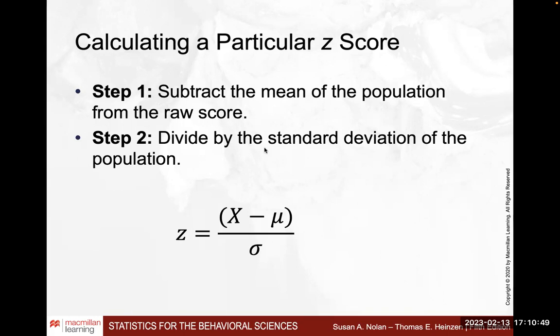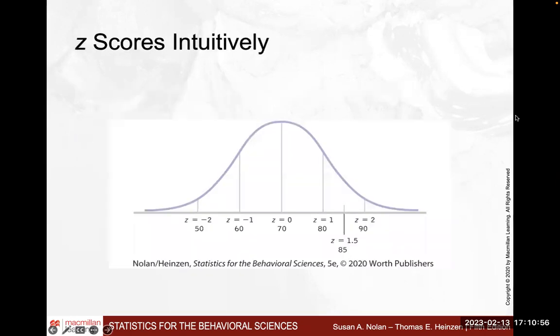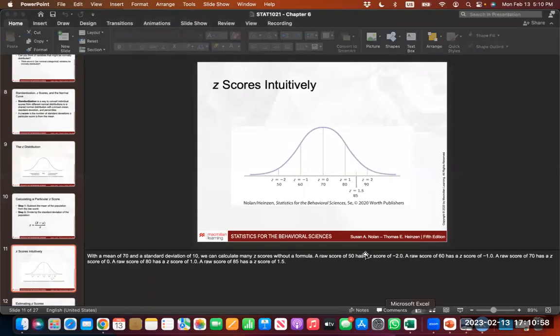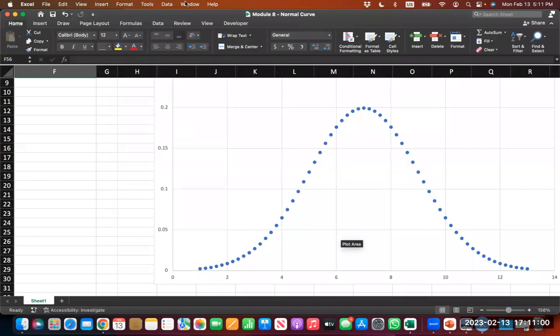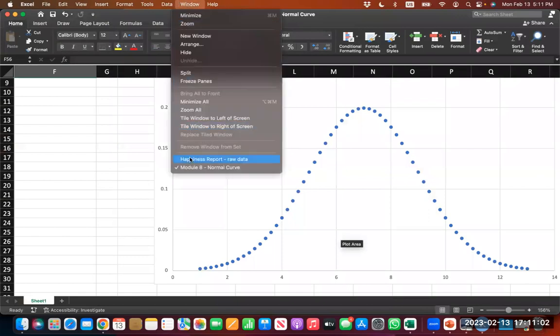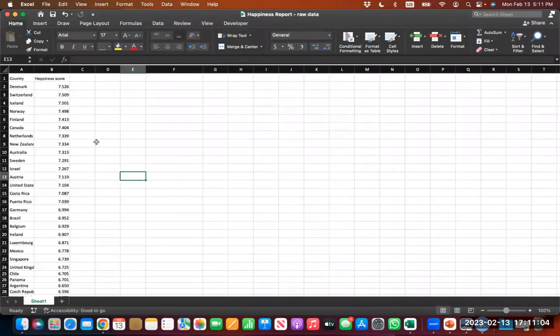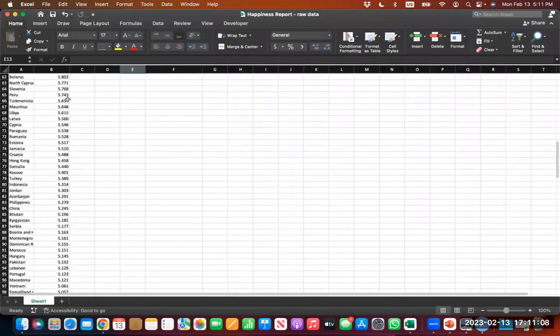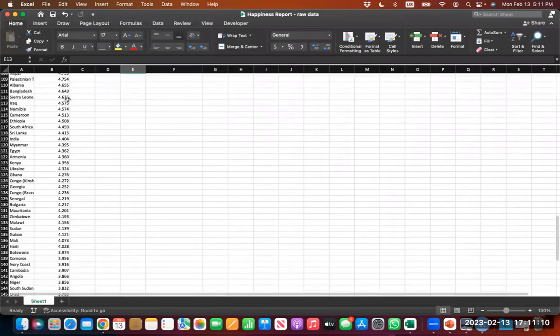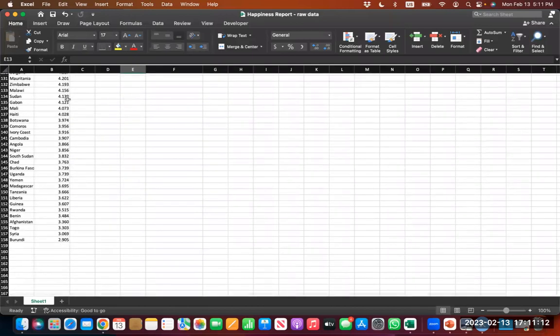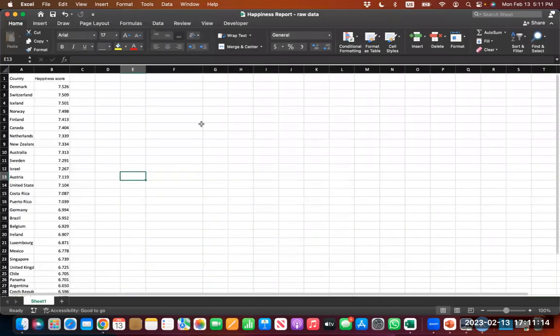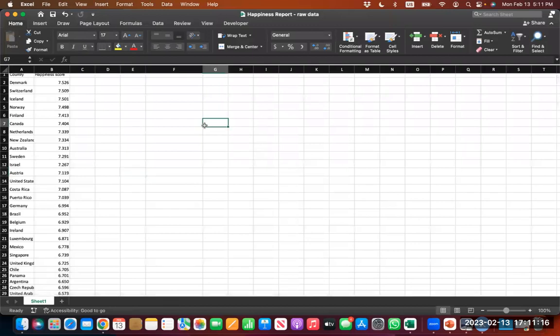So when you want to do this, let's go now into our country happiness score spreadsheet. We have data of 157 countries, from Burundi to the US to Denmark.